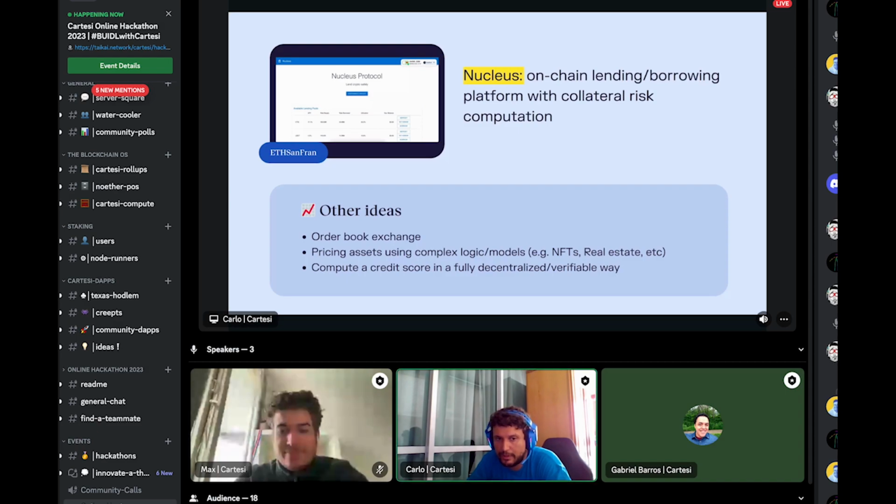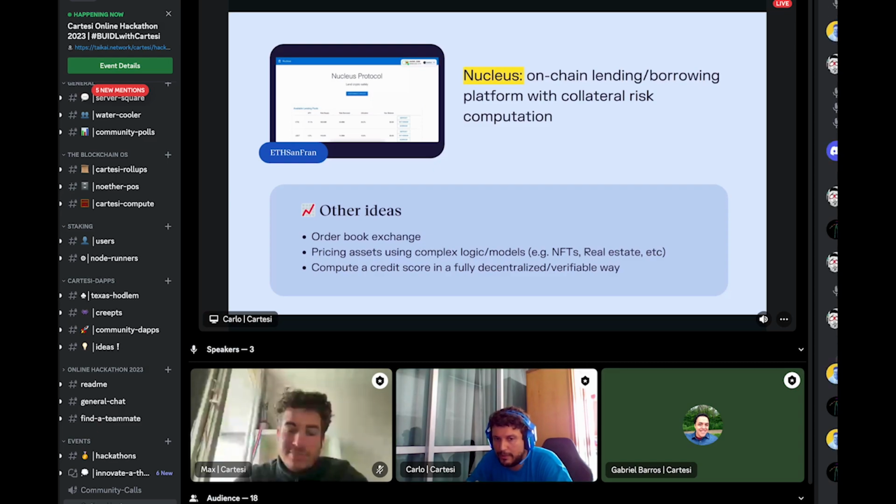You can just fit complex models done by economists inside the Cartesi machine. The most famous ones already have multiple implementations in certain languages, C++, Python, anything you want. And you can just put them inside the Cartesi machine and start a really cool DeFi application from there.